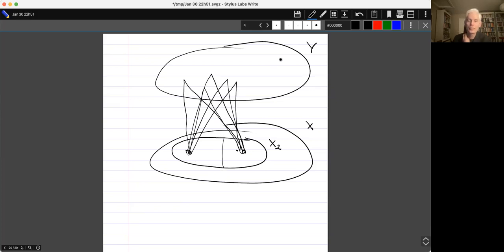Now I restrict to vertices in y that have large degree inside x2. Now if I've got a vertex y, and I've got a typical vertex x here, y has large degree over here, or not tiny degree.